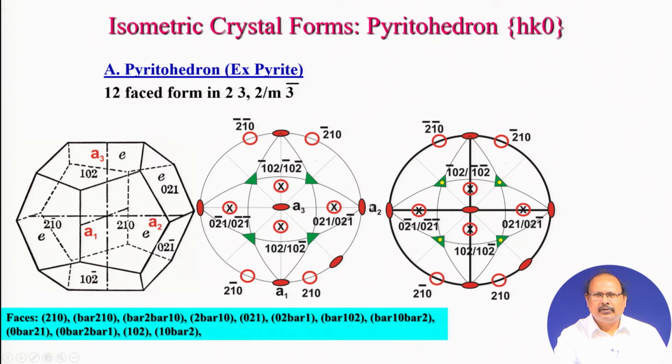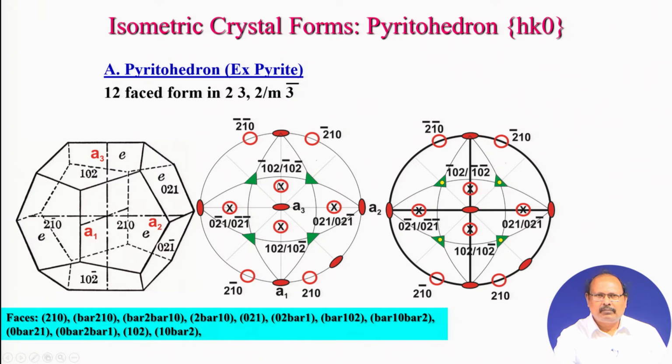We know this is 010 and this point here is bar 1 0 0, and this will be bar 1 1 0. So, it intersects the positive direction of the A2 axis but the negative direction of the A1 axis. So, this is bar 1 1 0. Immediately, this will lie in the zone between bar 1 0 0 and bar 1 1 0, so the symbol here will be bar 2 1 0.